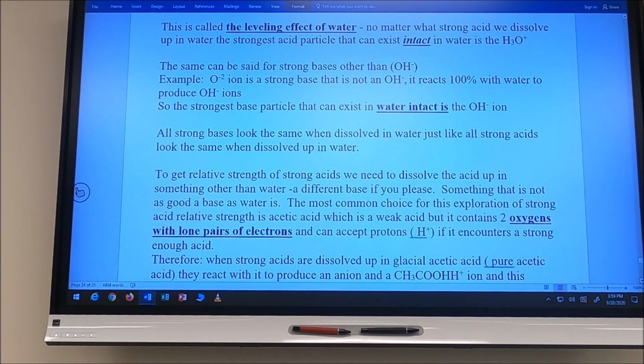No matter what strong acid we dissolve in water, the strongest acid particle that can exist intact is the hydronium ion. Same thing is said for a base. No matter what strong base we dissolve in water, the strongest particle that's basic that can exist in water is a hydroxide ion. So, one of the things that always drove Arrhenius quite crazy was that all strong acids look the same in water.